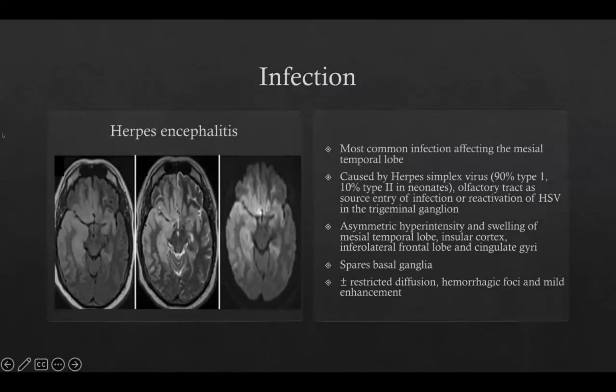Next is infections. Sometimes it can be difficult to differentiate from autoimmune encephalitis because both may involve the limbic areas. But usually herpes encephalitis will spare the basal ganglia, whereas autoimmune may tend to involve the basal ganglia as well. And herpes tends to have more restricted diffusion, more hemorrhagic changes, and it can also have mild enhancement.